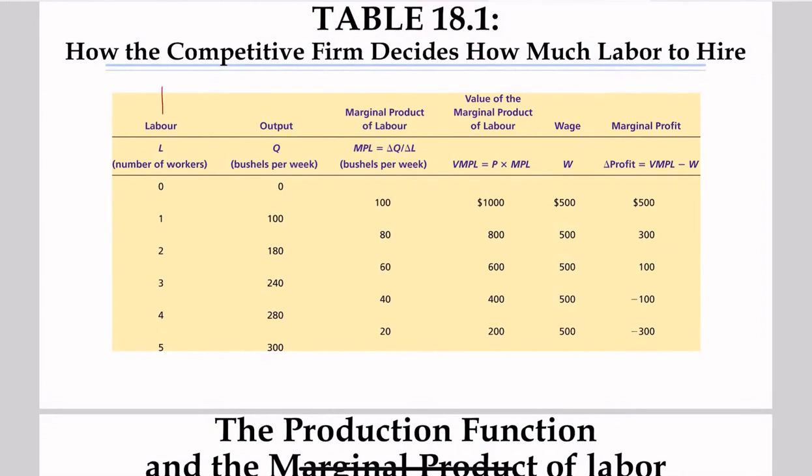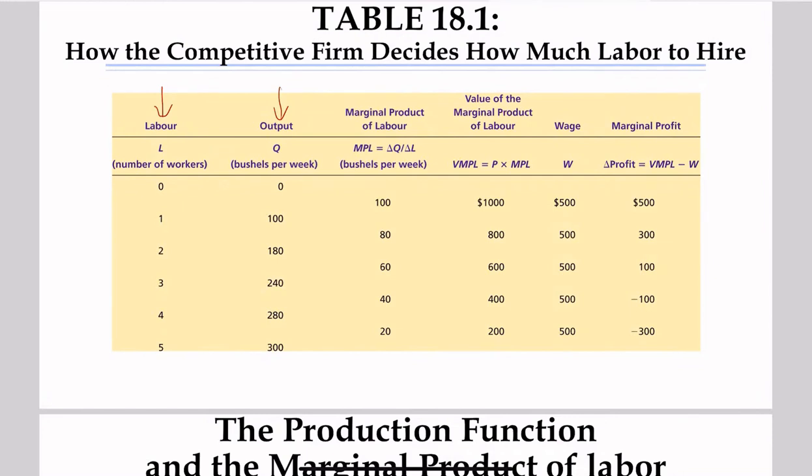So the first column gives you the number of workers, and the second column gives you the output. That is, how many bushels of apples can be produced per week at different levels of labor, or at different numbers of workers. And clearly, based on this, you can find the marginal product.